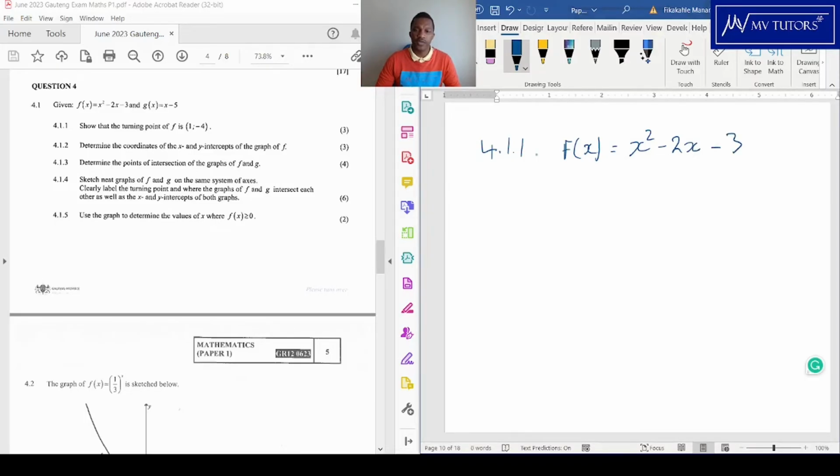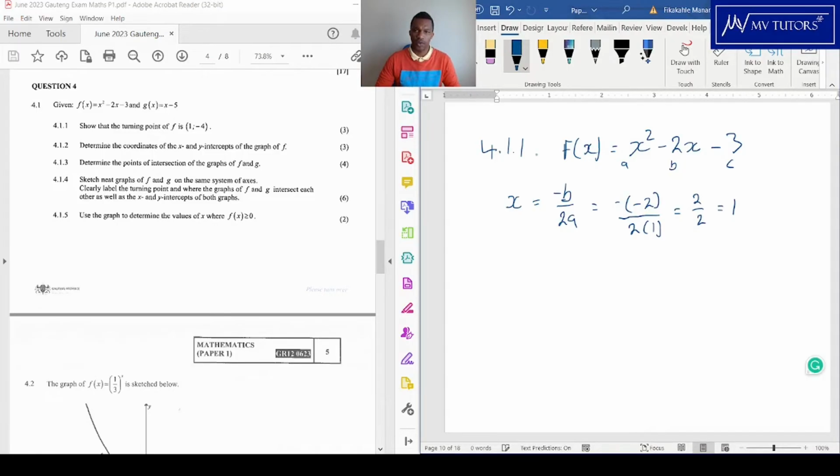And when it comes to the turning point, the x value from grade 11 is given by minus b over 2a, where that's a, that's b, and that's the value of c. So minus b, b is minus 2, divided by 2 times a, which is just 1. So it's a positive 2 on top over a positive 2 at the bottom.